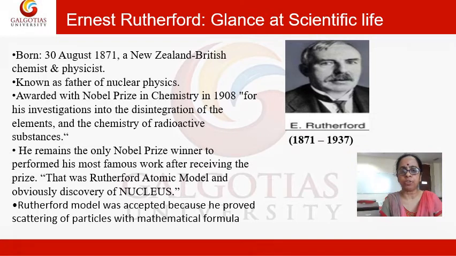He remains the only Nobel Prize winner to perform his most famous work after receiving the prize, that was Rutherford atomic model and obviously discovery of nucleus. Rutherford model was accepted because it proved scattering of particles with mathematical formula.